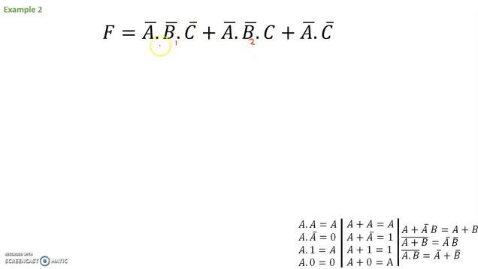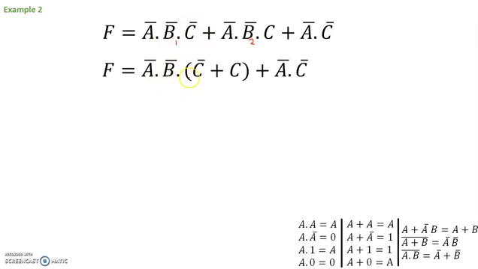First and the second term both have not A, not B. So let's bring not A, not B out. And what we end up with is not A, not B, ANDed with not C from here and C from there, ORed with not A, ANDed with not C. So we'll just leave this term as is.